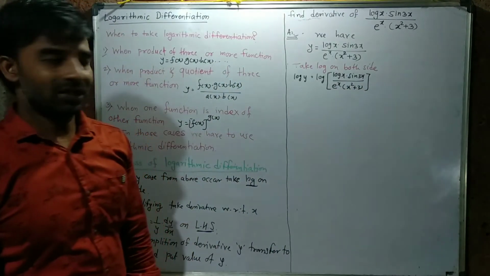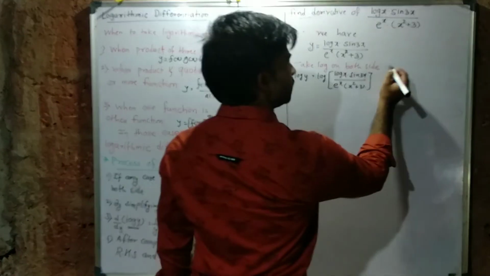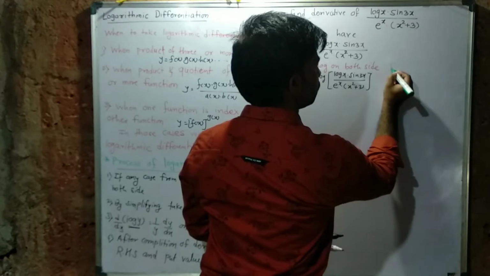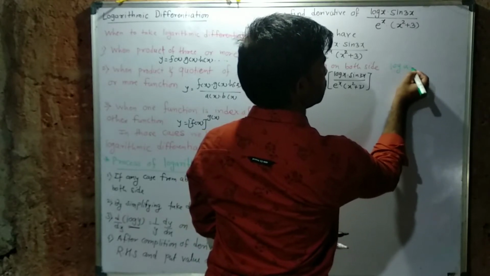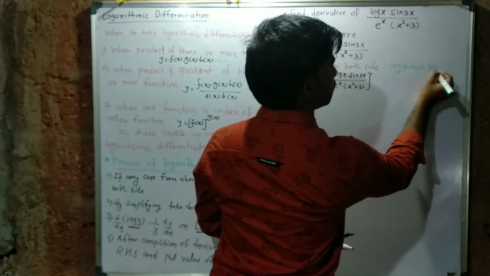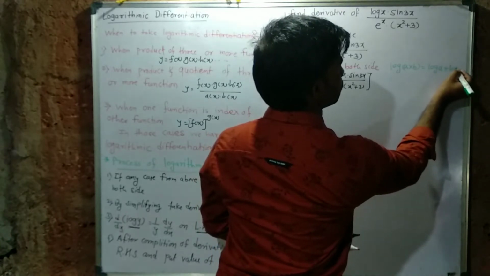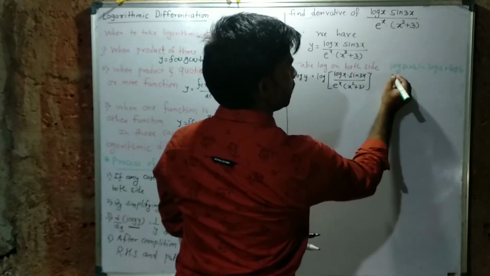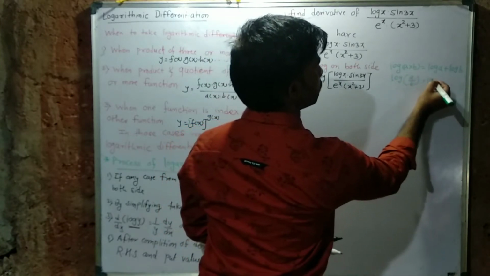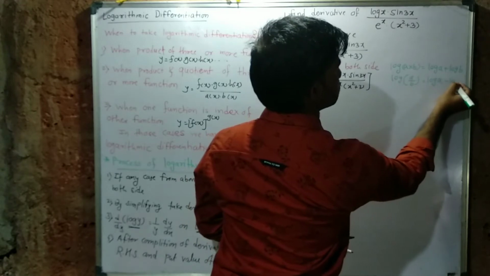We know that when we take the log, first of all we think about the consideration of log a into b. At that time we are going with log a plus log b, and log a divided by b. At that time we are going with log a minus log b.